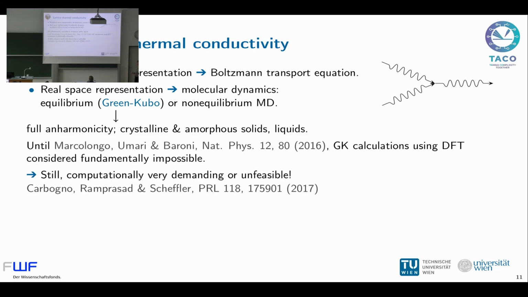Now, the problem is that until very, very recently, people were even thinking that doing ab initio calculations of thermal conductivity with Green-Kubo theory was impossible due to some ill definition of the heat flux. Turns out that that's not true, but still it's really, really demanding or even impossible. And up to now, there's less than a handful of calculations of ab initio Green-Kubo thermal conductivities.